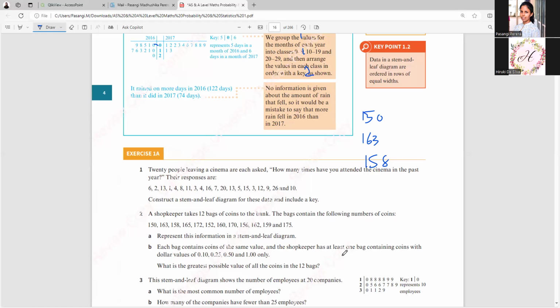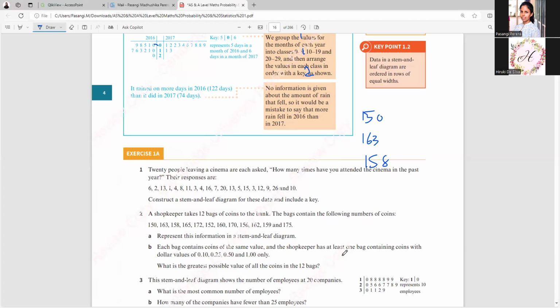Okay. So at least one, there can be multiple bags as well. So here for 150 coins, we have only one bag. 163 coins, one bag. Then 158 also we have only one. 165 also only one. 172 also likewise. For each and every bag we have only one.